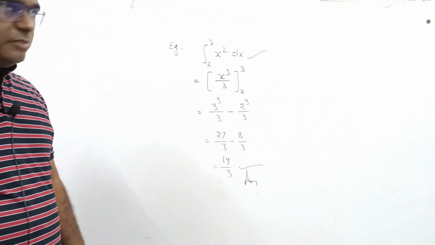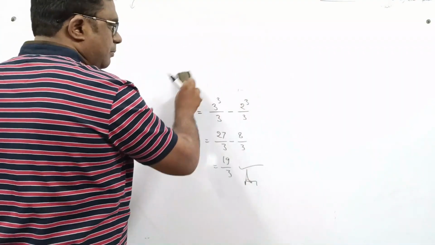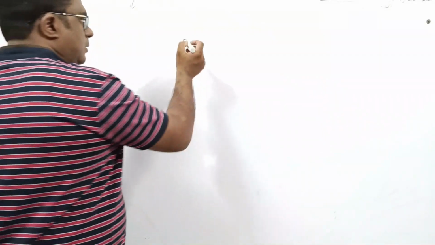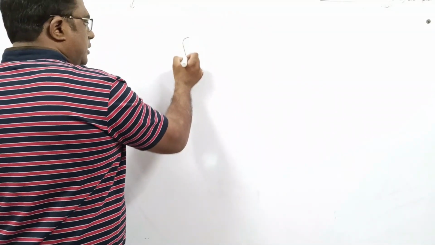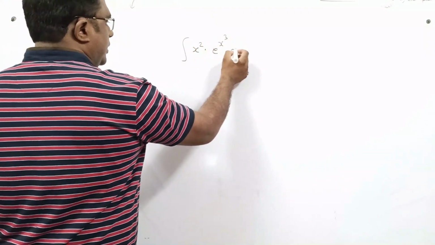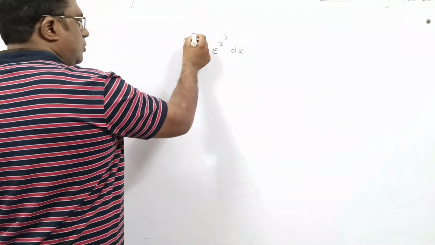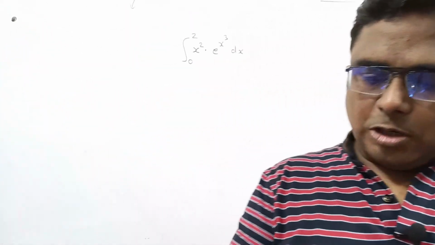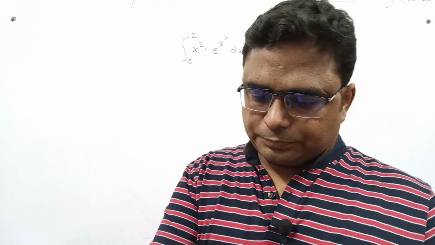Okay, let us see one more example. After that example, we will come to the main topic, properties. Integral of x square into e power x cube dx, limits 0 to 2. Let us solve this. How will you find its integration?